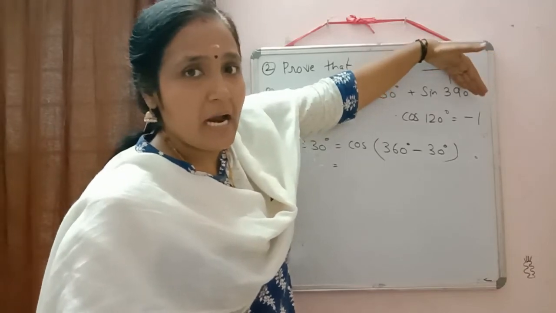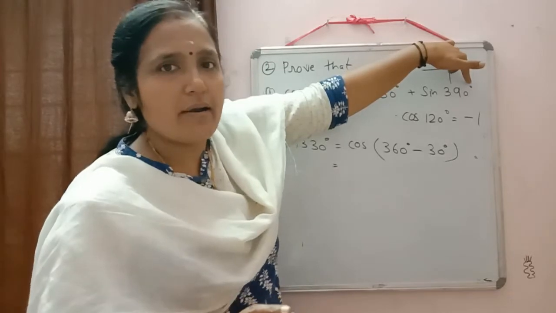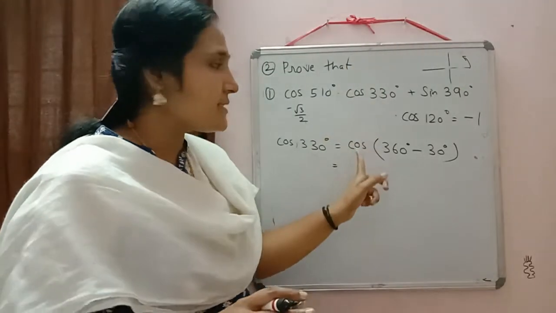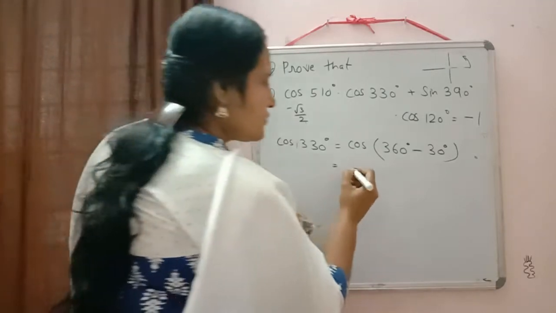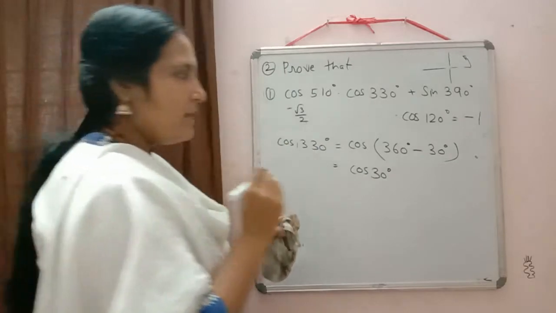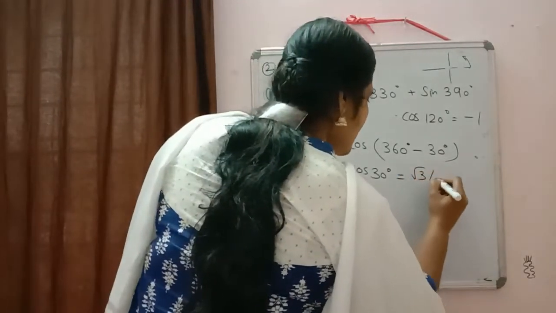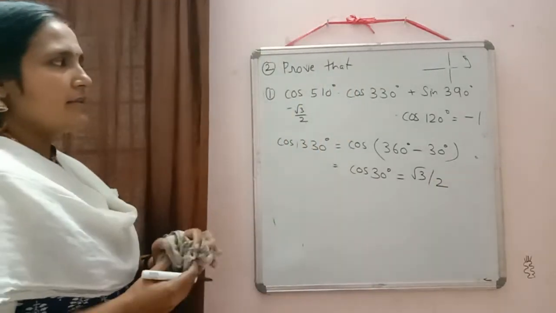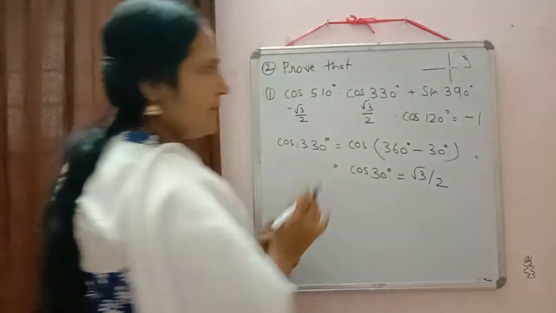We are coming down here. Down means which quadrant? Fourth quadrant. And in the fourth quadrant cos is positive. So this will be equal to cos 30 degree. And value of cos 30 degree is again root 3 by 2. So we got the value of cos 330 degree, that is root 3 by 2.